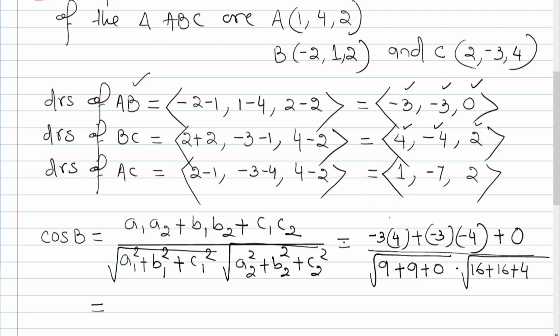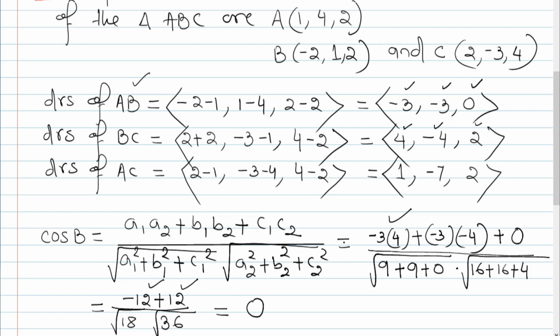So this is minus 3 into 4, that is minus 12 plus 12, whole divided by root 18 into root 36. So this is nothing but 0.